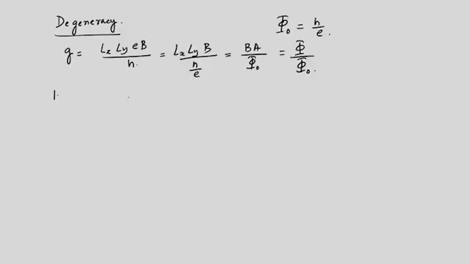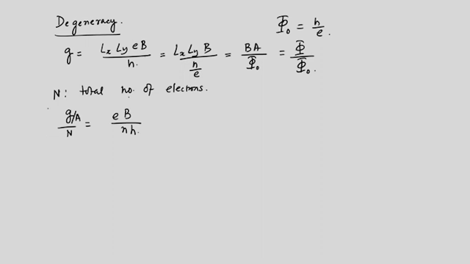Okay. But you see that if you have n to be the total number of electrons, suppose, then G over n is nothing but equal to again that eB over nh and so on. And so G over n, I have taken out the area, so this becomes G over A, and then I divide it by the total number of particles.